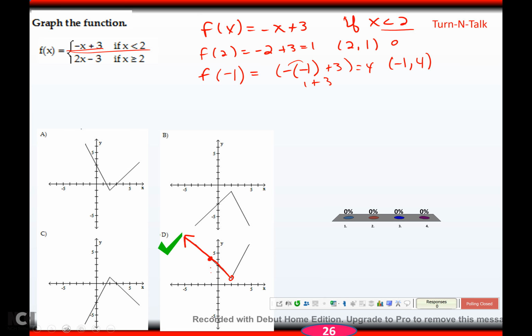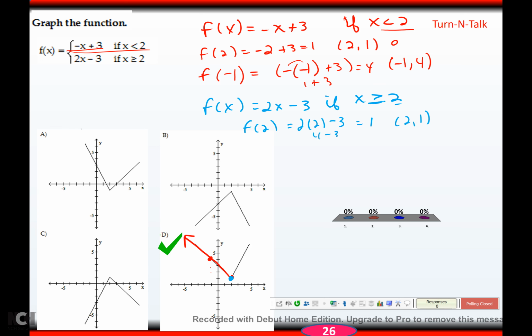If I graph the other side, f of x equals 2x minus 3 if x is greater than or equal to 2. Pick 2 first, because that's the boundary. I get 2 times 2 minus 3. That's 4 minus 3 is 1. So 2, 1. Again, but this one is going to be filled in.